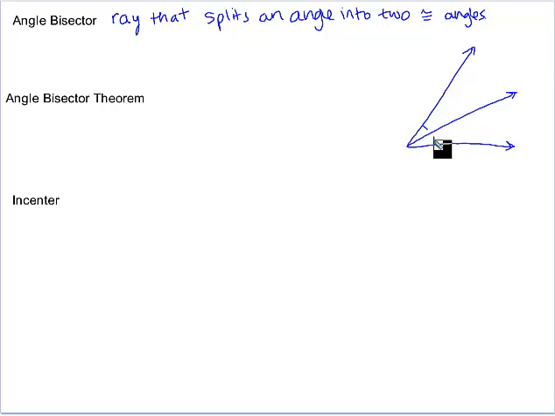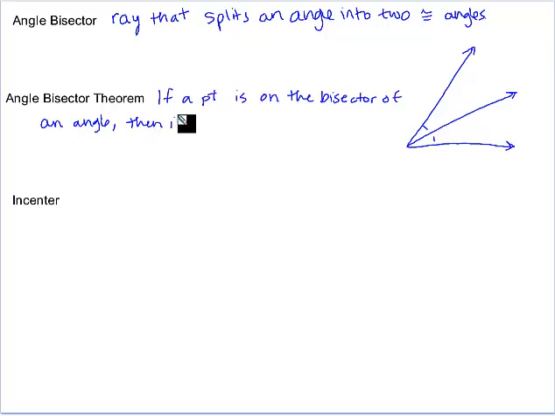The angle bisector theorem tells us if a point is on the bisector of an angle, then it is equidistant from the sides of the angle.